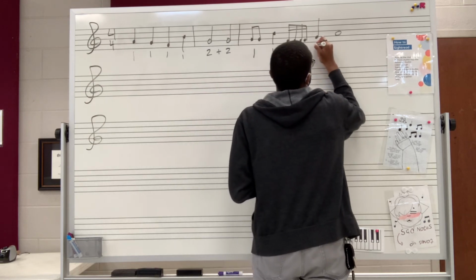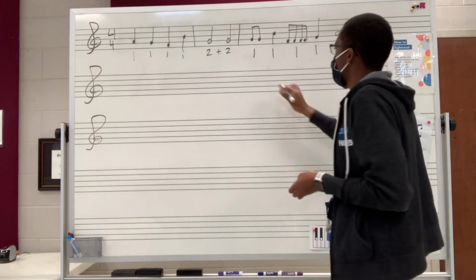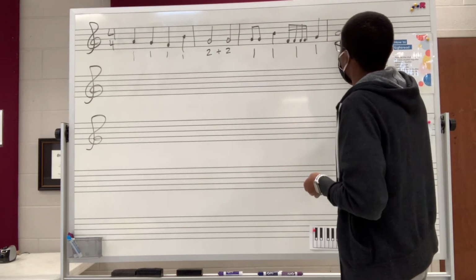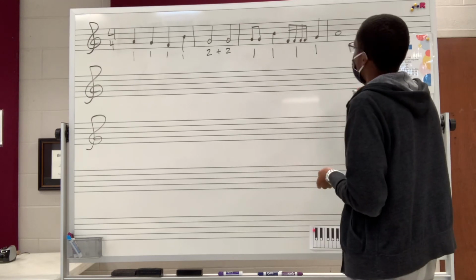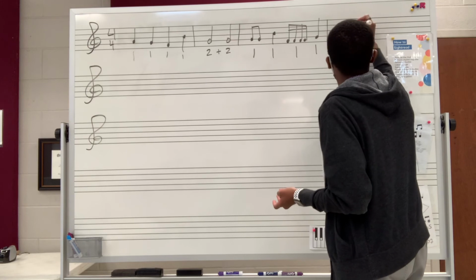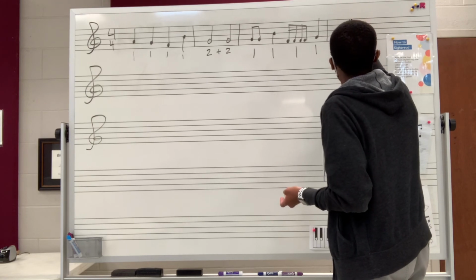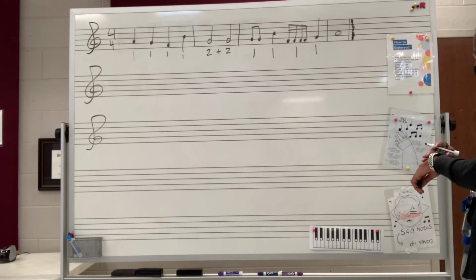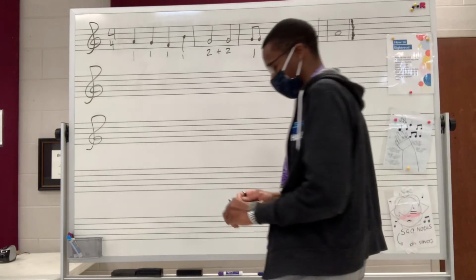And then I have a quarter note right there, which equals 1, so 1 plus 1 plus 1 plus 1. That's an entire measure. And then I have a whole note right there. I know that equals 4 beats automatically, so boom, I'm set. And then I could just put my double bar line right there, and boom, I have 4 full measures of music right there.